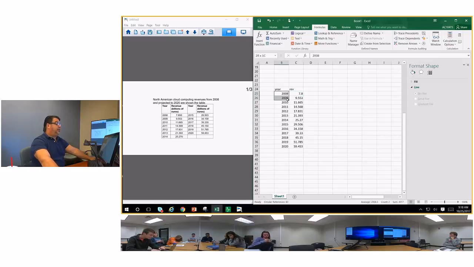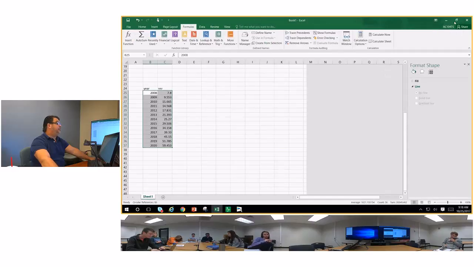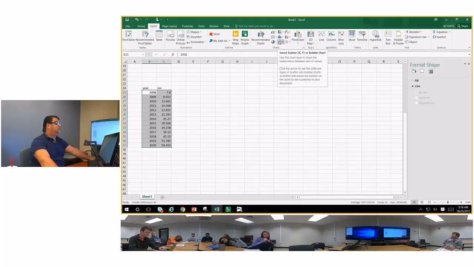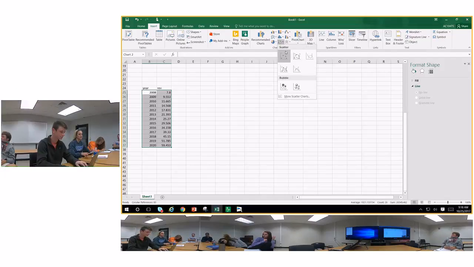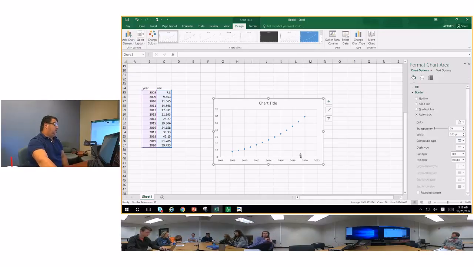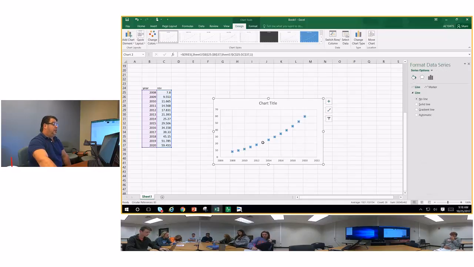So, to plot this, we go to Insert, and Scatter Plot. And of course we see a what? A non-linear regression. Click on the points, add trend line.